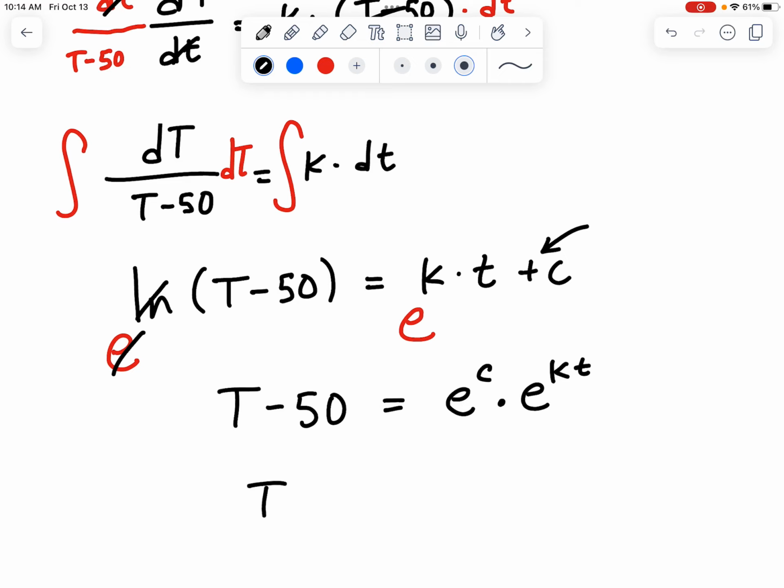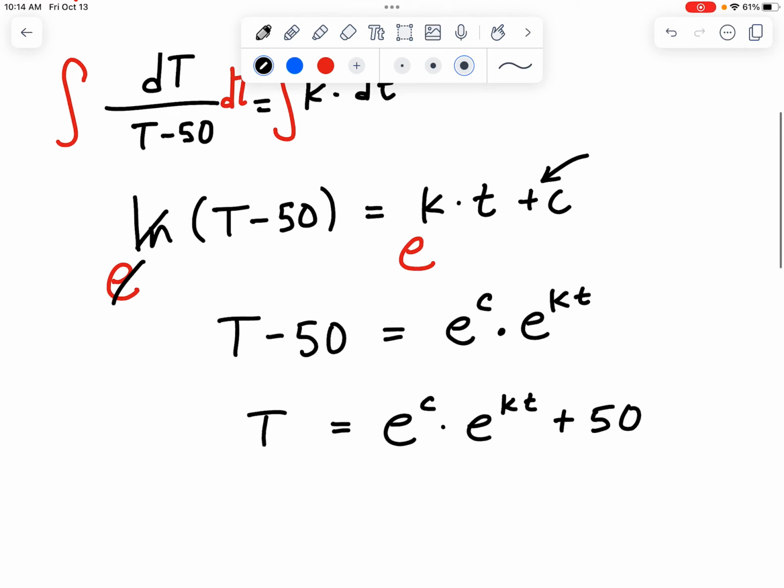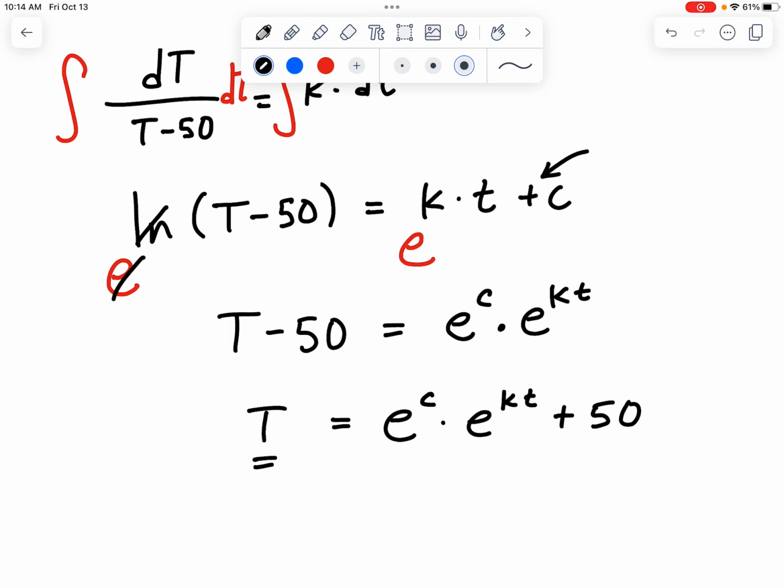And I can even add 50 to both sides. Which is basically saying there is the temperature, which is going to be decreasing, but there's always going to be this plus 50 because the room is 50 degrees.